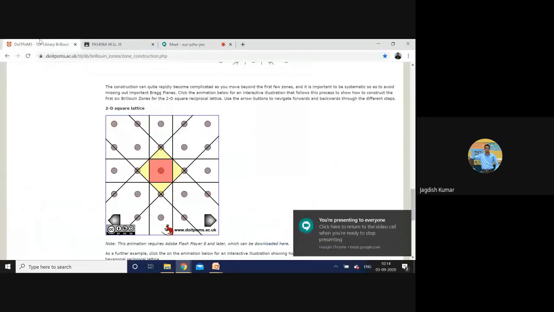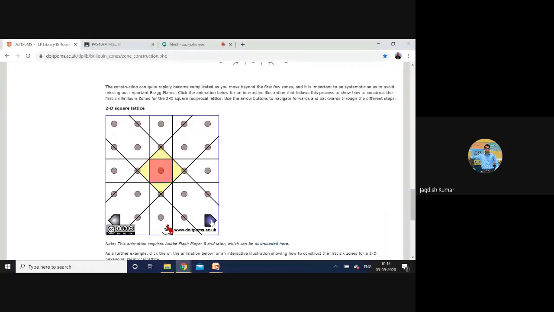Okay, fine. Now let us see how we can get the third Brillouin zone. We connect our reference point to lattice points further away, then draw perpendicular bisectors and repeat it for all the others. So this will be the new set, and this area. Now what is the definition of the third Brillouin zone?